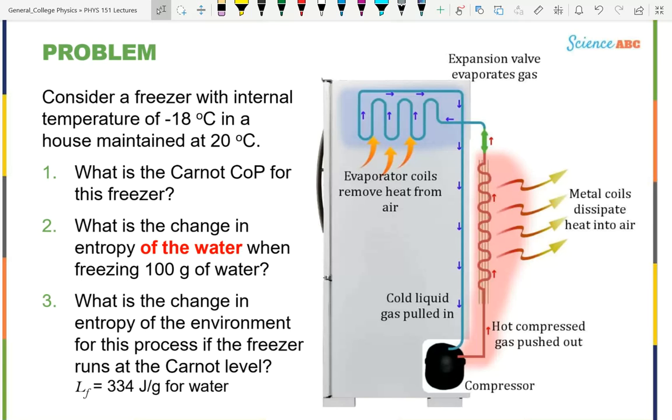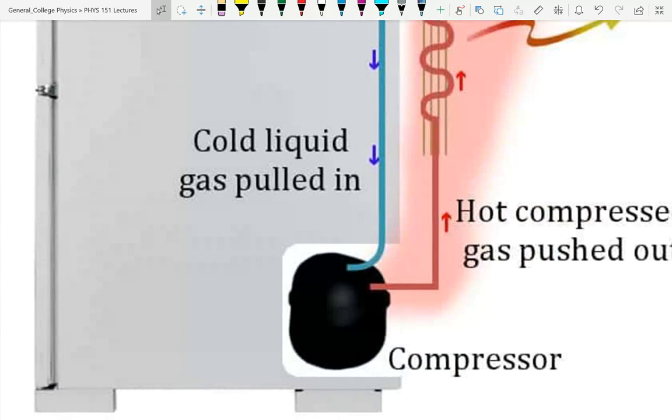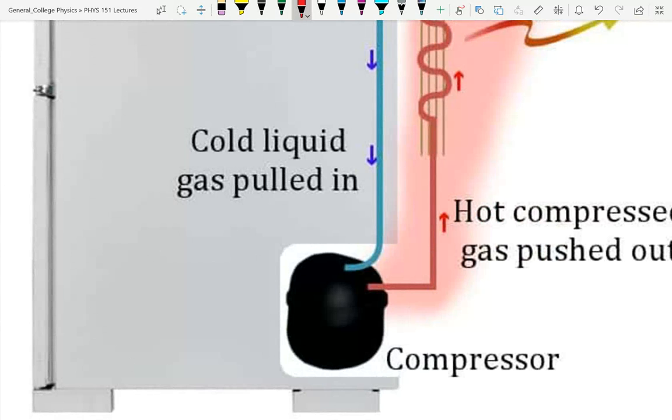So how does a refrigerator work? A refrigerator is a heat pump. It's going to pump heat the opposite direction that it would naturally flow. And the way we do that is with a fairly simple mechanism. You start with a compressor pump. So you take gas, or it's not gas in this case, it's your Freon, and you compress it.